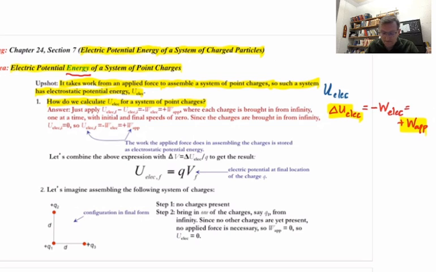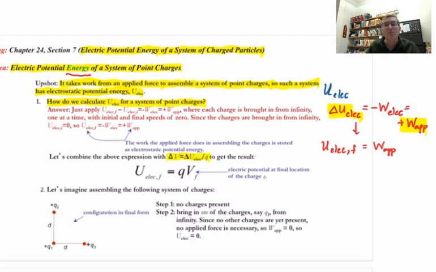Okay? Now remember, all the charges start out at infinity where the potential energy is zero. So in this delta U electric, initial is zero. So the delta U electric really just boils down to U elect final is equal to how much work I had to do to bring the charge in from infinity. Now I combine that expression with one other idea from this chapter.